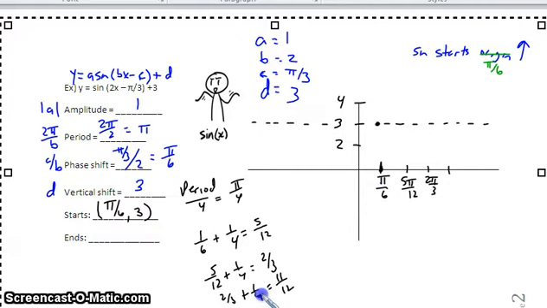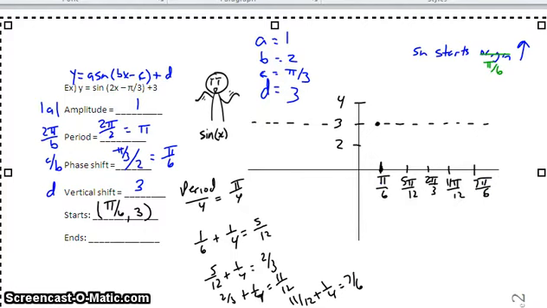So this would be 11 pi over 12. I've got to do that one more time, so I get 4 sections here. If I do it one more time, I would do 11 over 12, and I'd add 1/4. Doing that, I'm going to get 7/6. So that would be 7 pi over 6.